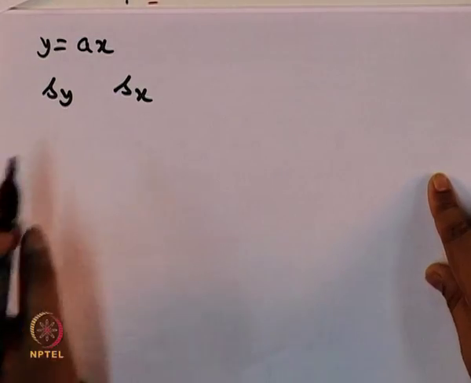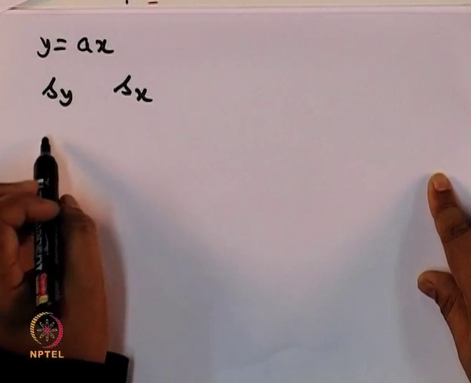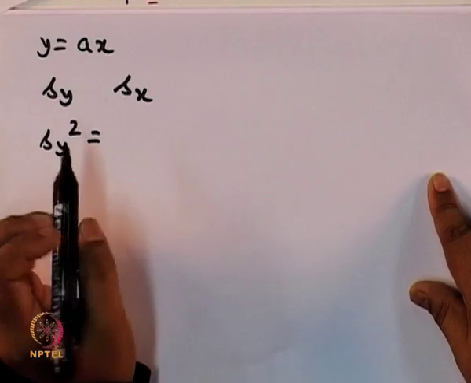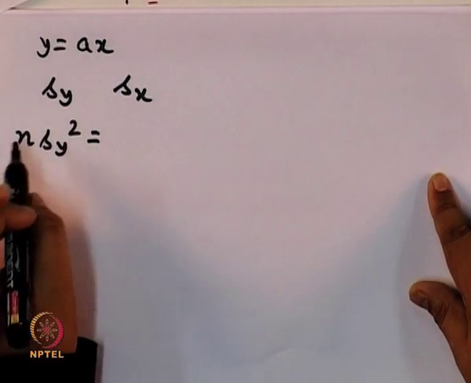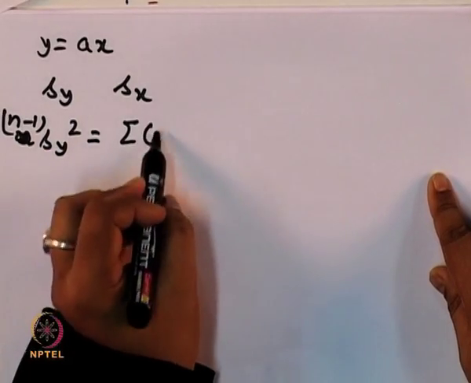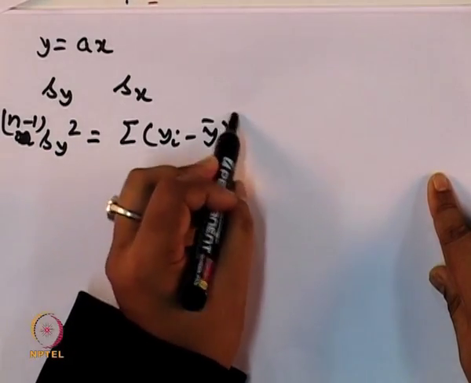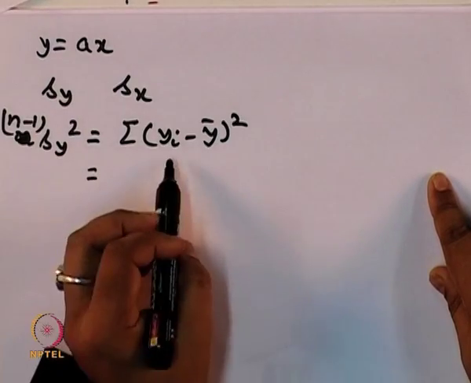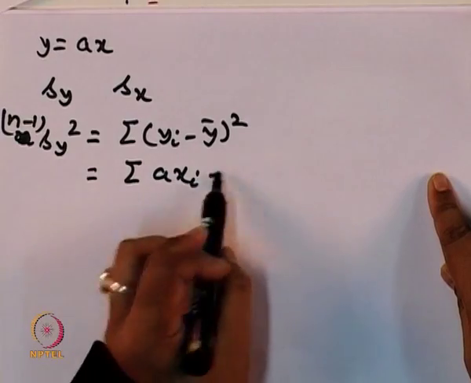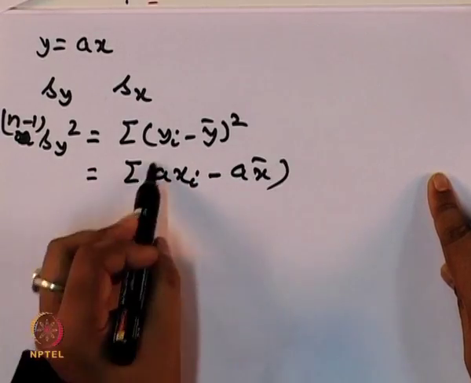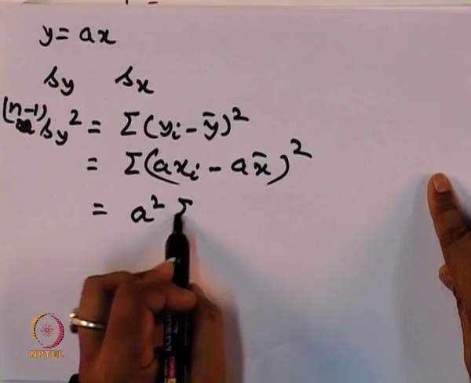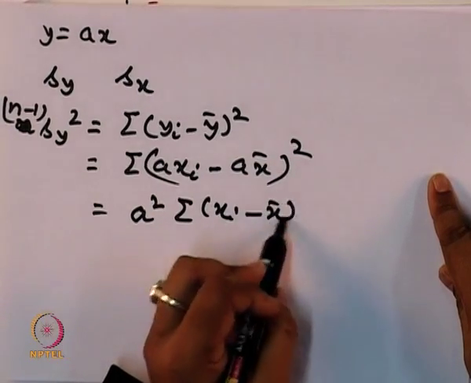Okay. So the way to do it, I know my sy, so let us say n minus 1 sy square is nothing but summation yi minus y bar whole square. Now yi, I can put as a xi minus a x bar whole square, which is nothing but a can be taken common, a square into summation xi minus x bar whole square.